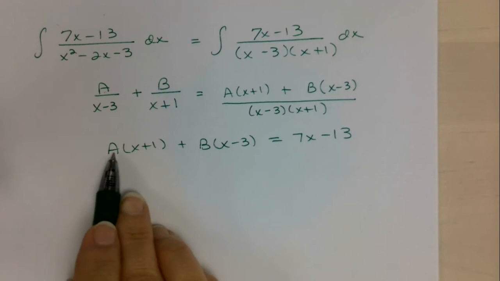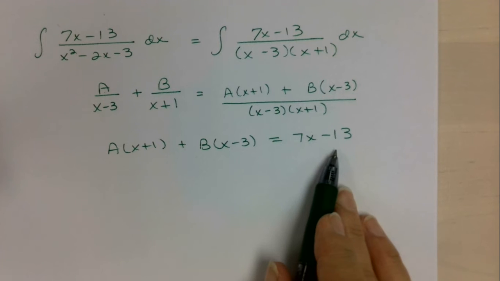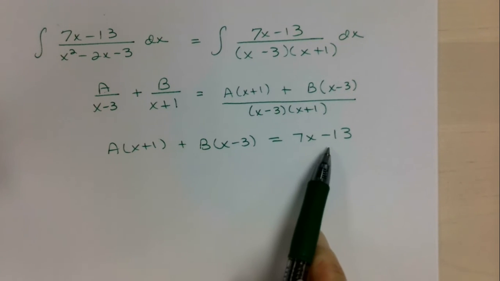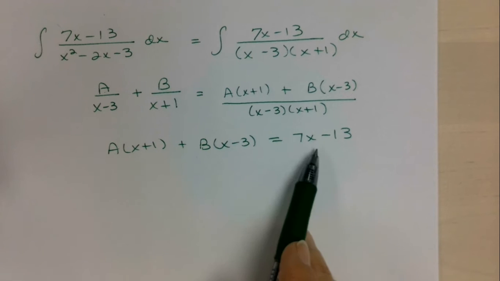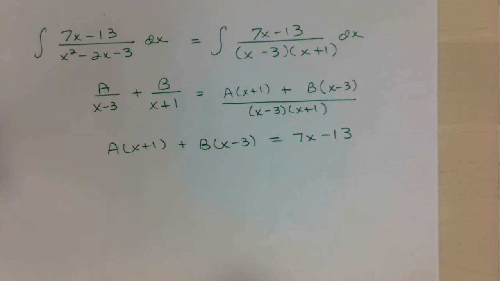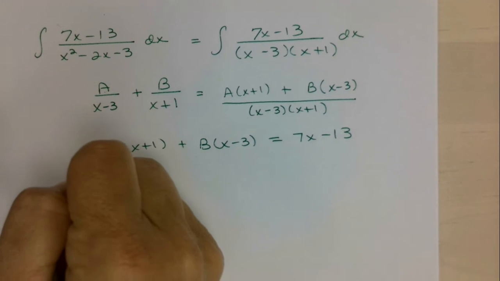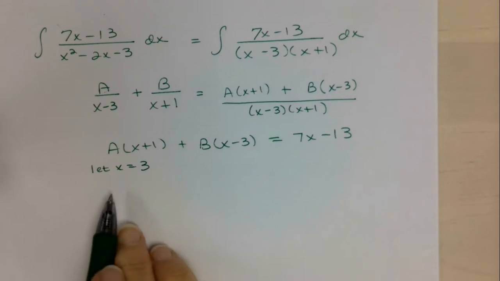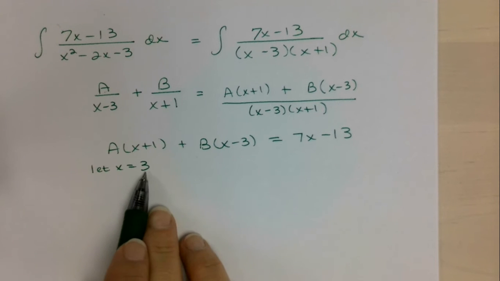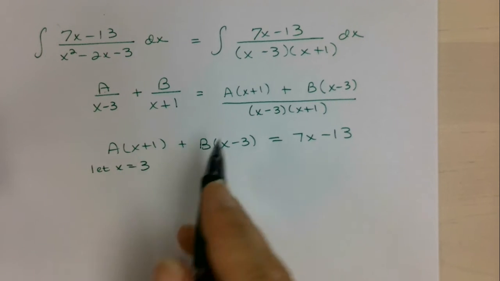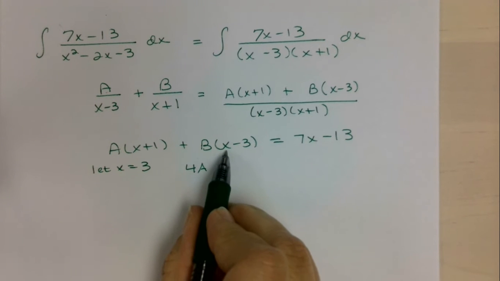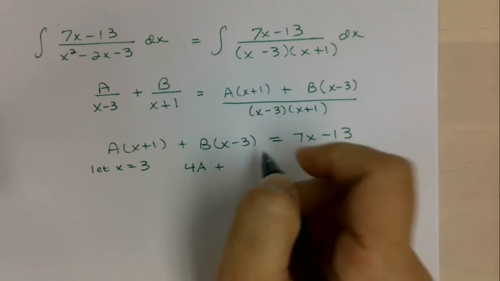If I've got two things that I don't know, but only one equation, we've got to be pretty strategic. I want this equation to always be true for any x value. And so I'm going to pick some convenient x values. For example, if I let x equal positive 3, then I'm going to plug in positive 3 here. I'm going to get 4A plus, if I plug in positive 3 here, this becomes 0.